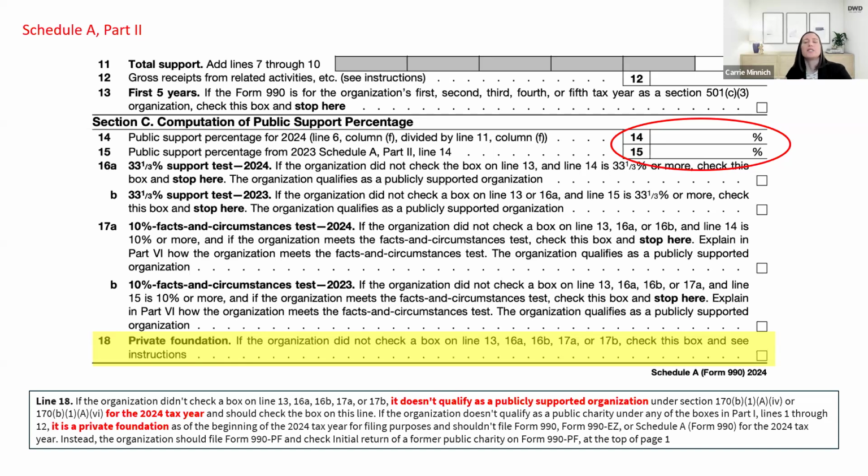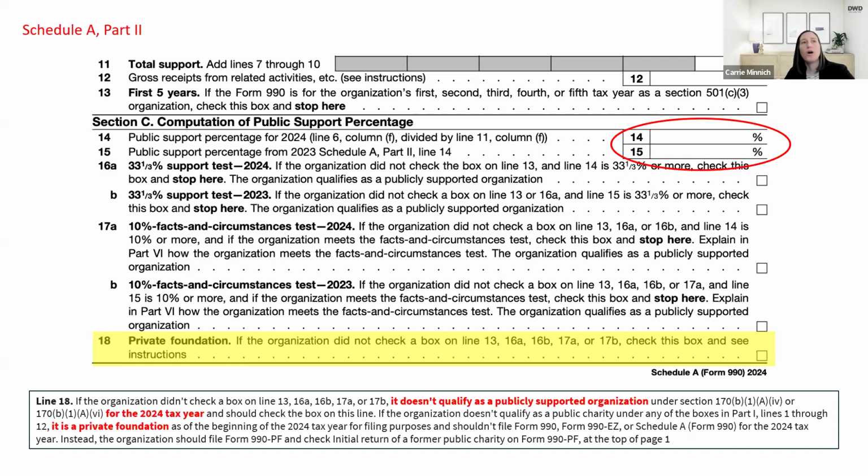So here you have to explain to the IRS the facts and circumstances around your organization as to why you think you are still publicly supported, even though that percentage is below 33 1/3%.